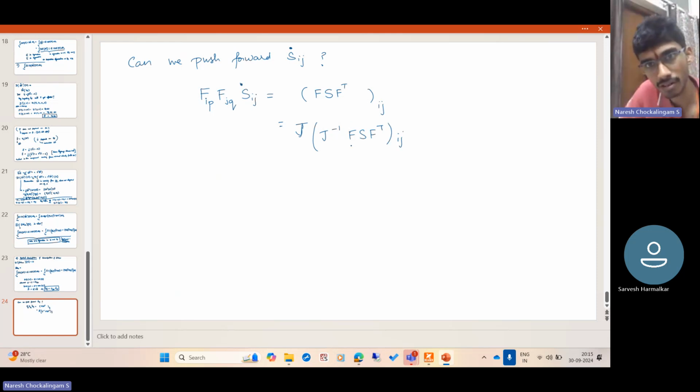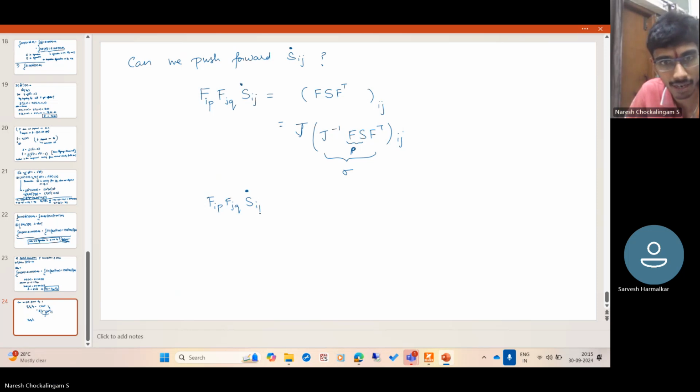So you recall what this is. F S is the first Piola-Kirchhoff stress tensor. And what is J inverse P F transpose? This entire thing is the sigma. So F_iP F_jQ S dot, sorry, there is a dot here, so it's not sigma. It's not sigma. Sorry.